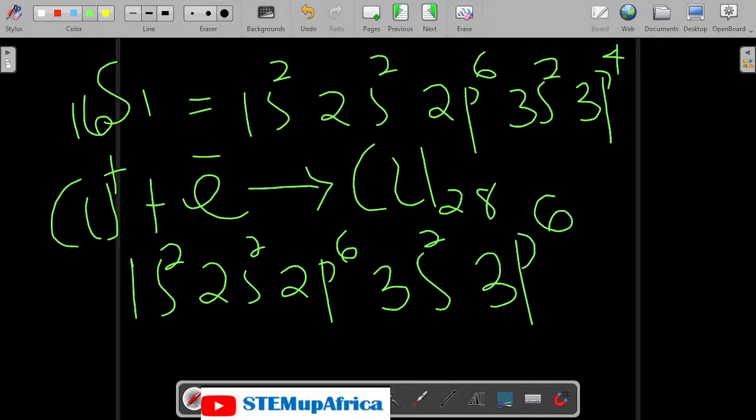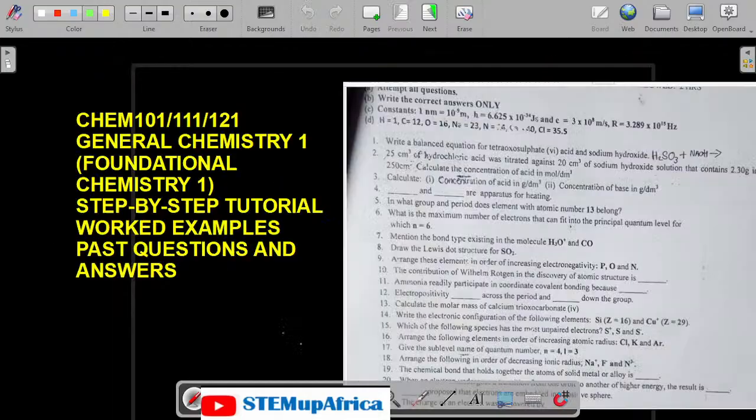That's 10, this is 8, that is 18. Then I'm having 3d10. The maximal number of electrons in the d orbital is 10, p orbital is 6, s orbital is 2. So that is the electronic configuration of the copper ion. You end up with 3d10. I hope that is clear.